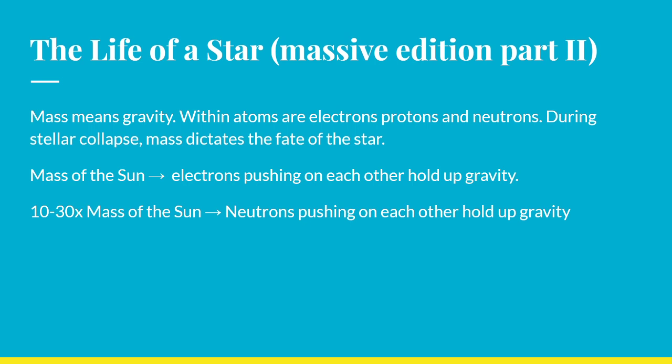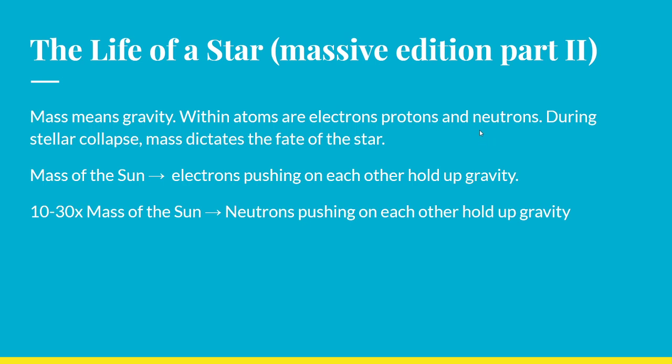Like we just saw, for stars 10 to 30 times the size of the sun, the electrons can't hold up against gravity and they fall into the nucleus. The star becomes a neutron star, but the neutrons also push against each other. They fundamentally hold the star up against gravity.